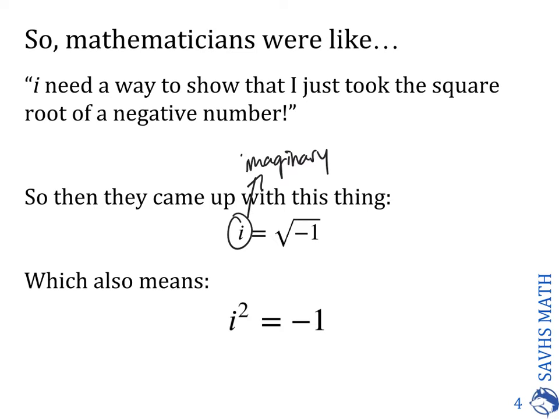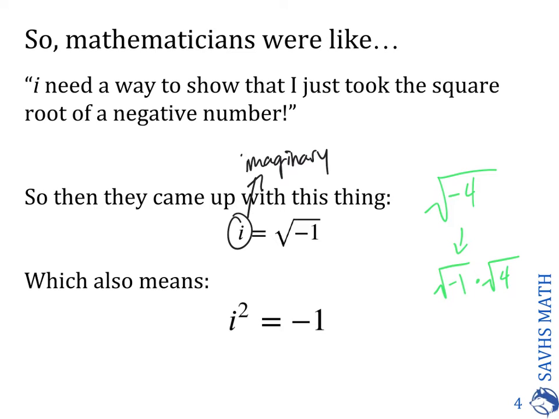So the cool part of this is now, instead of writing the square root of negative 1, I can just write i. If I wanted to work with the square root of negative 4, like we did on the last problem, I could split this up into two square roots. This is the square root of negative 1 times the square root of 4, because negative 1 times 4 is negative 4.